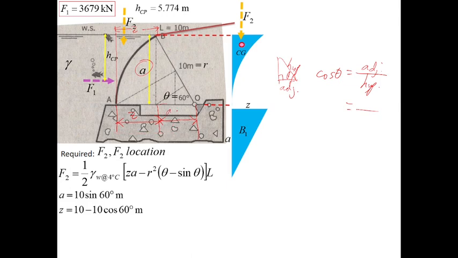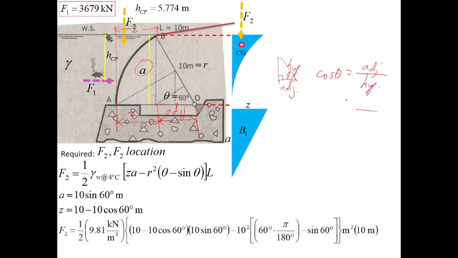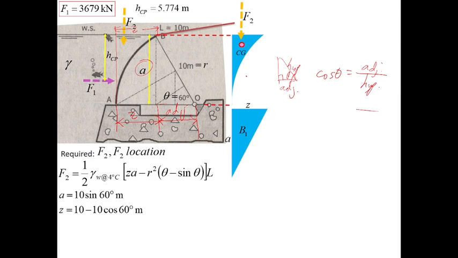Tawagin na lang natin na ADJ for adjacent side. So, ang ating adjacent ay equal sa hypotenuse times cosine theta.